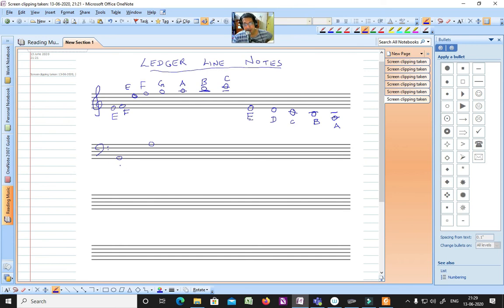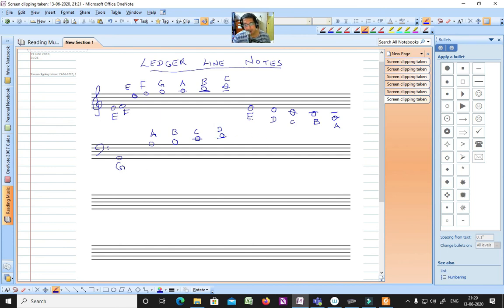Similarly for the bass clef, the starting note on the staff is G. Good boys don't fight at all. Okay, and this last note on top here is A. So if I go upwards, I'll have to go to space note. It will be B. If I go further up, it will become C. Further up, it will become a D, and so on and so forth.